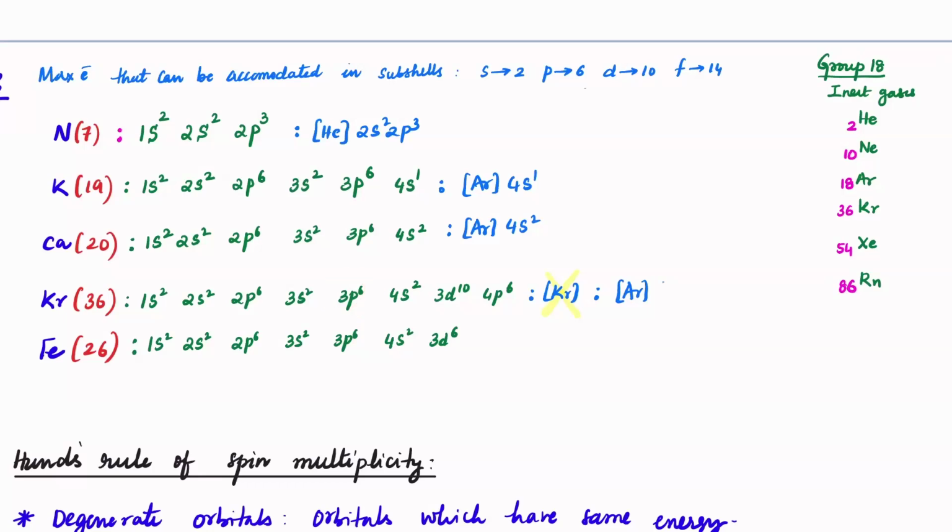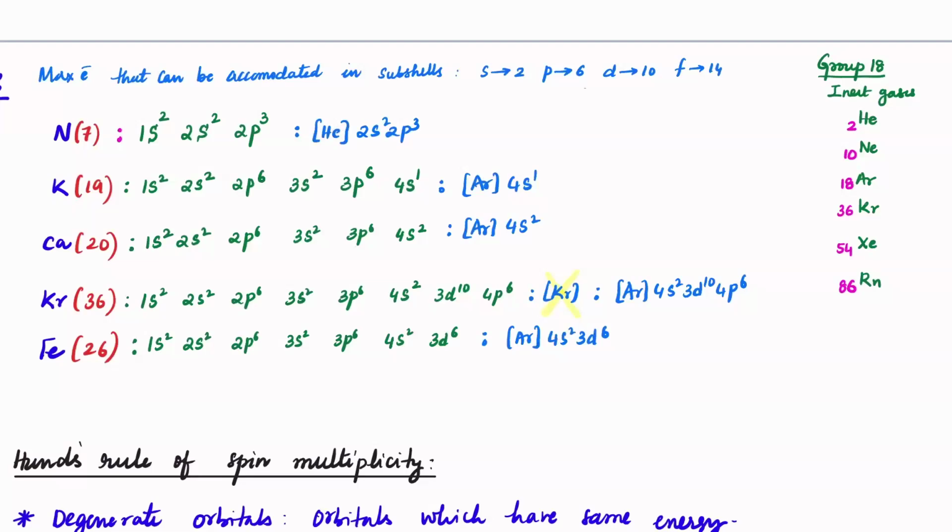So then we have 4s2, 3d10, and 4p6. This is another way of writing. Next one, 26. 26 means again I have argon, then 4s2, 3d6. This is the way we write.